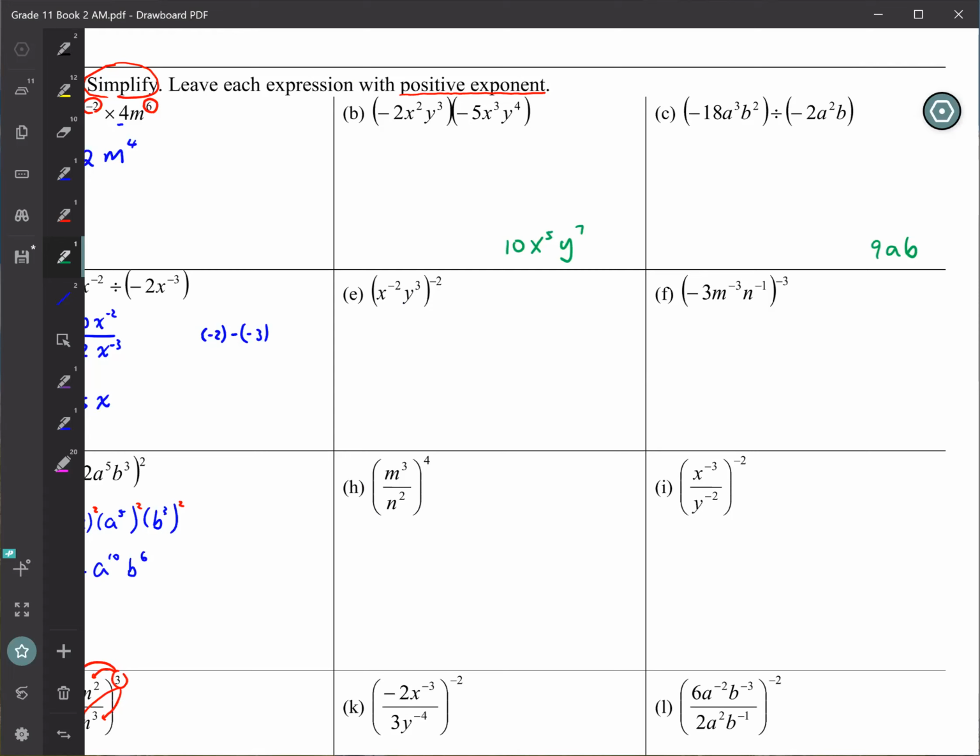Yosher, question E. X to the 4 over y to the 6. Okay. And Brendan, question F. M to the power of 9 and n to the power of 3 over negative 27. Okay. And Aaron, H. M to the power of 12 and n to the power of divided by n to the power of 8.